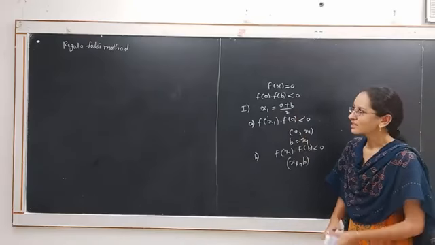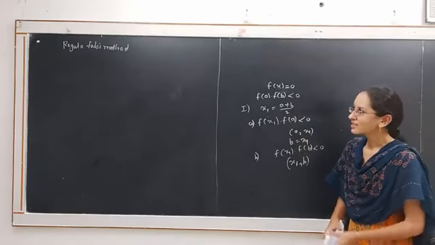Let us see another method of solving the equation, maybe an algebraic equation or a transcendental equation. In this method, we again use the same result: if a and b are two points such that f of a into f of b is negative, then the root will lie between a and b.